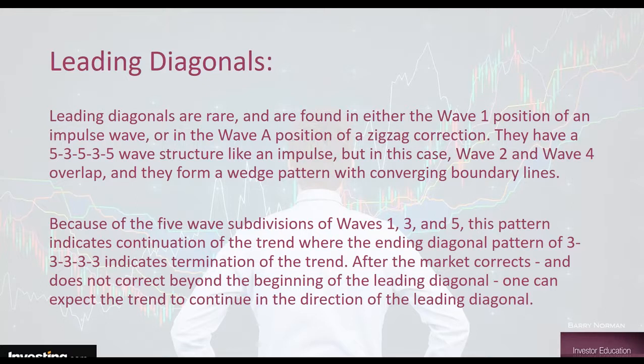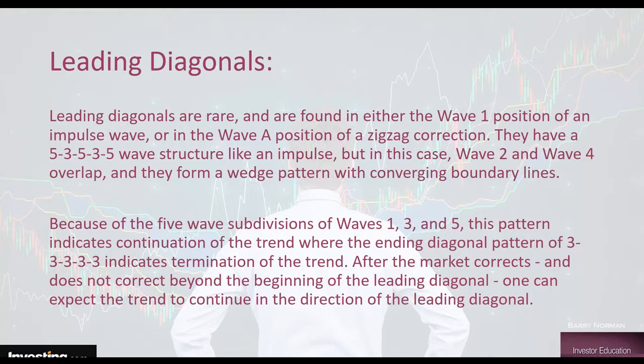So the leading diagonals only really occur in the wave 1 position of the impulse wave or the wave A position of the zigzag correction. Remember, you went up and down 5 times, and then you went into A, B, C, and D. So it's only in the A or the 1.